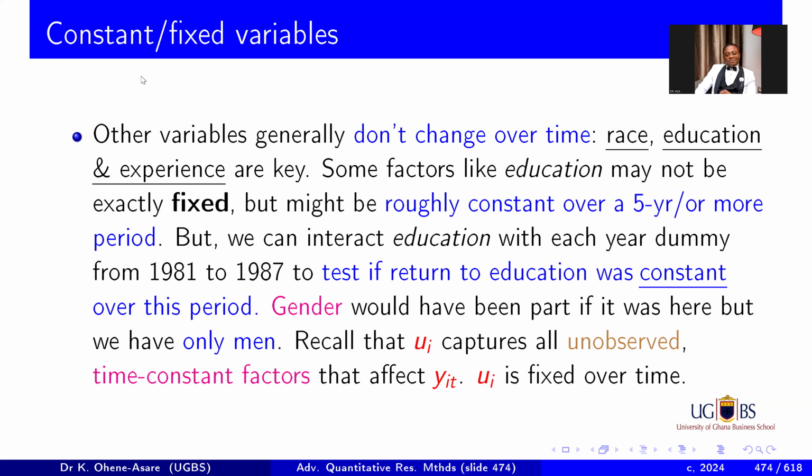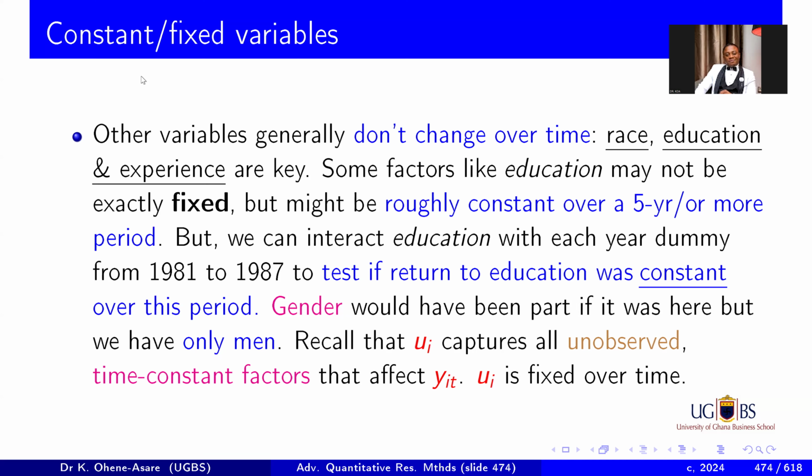Even though education is fixed, we can interact education with each year dummy. So we can multiply the educational value by the time and see how the education of the person over time is affecting the dependent variable, which is salary or wage.